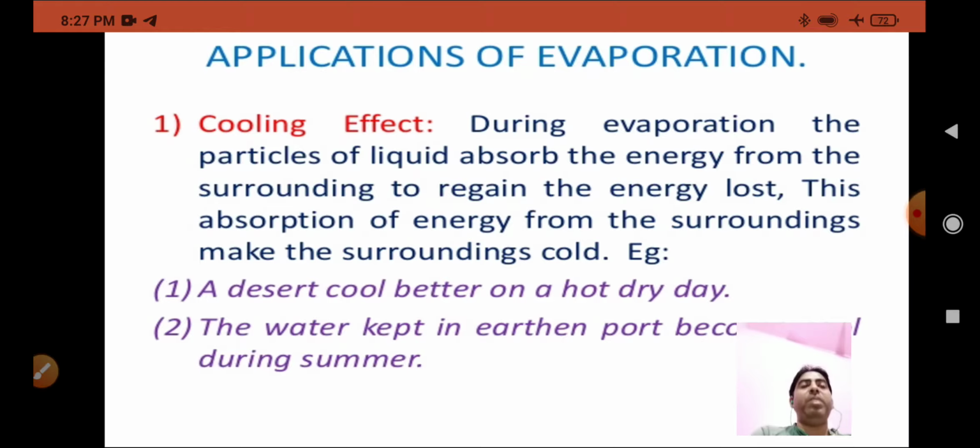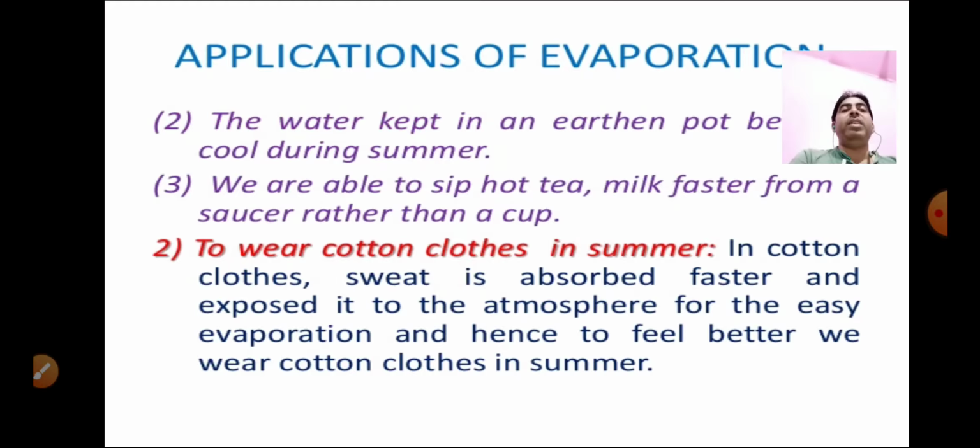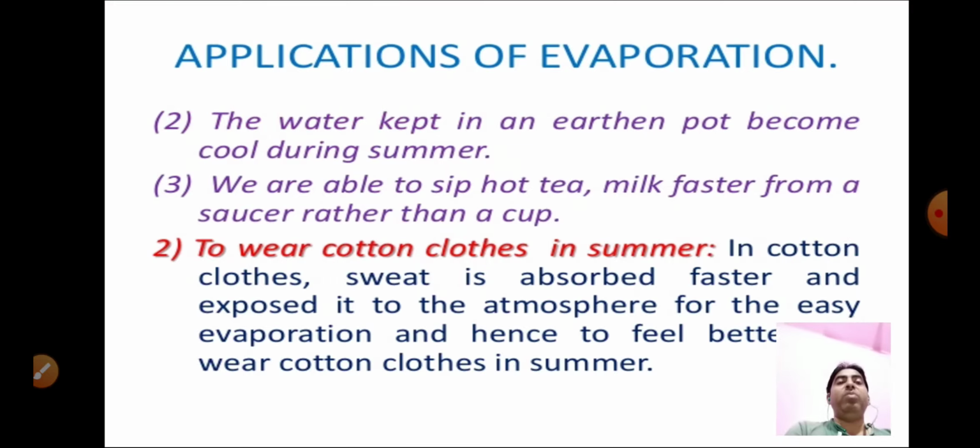The water kept in an earthen pot becomes cold during the summer season. We wear cotton clothes in the summer. We are also able to sip hot tea or milk faster from a saucer rather than the cup.